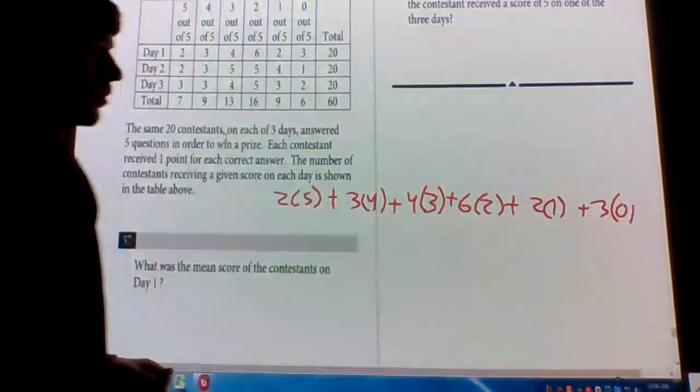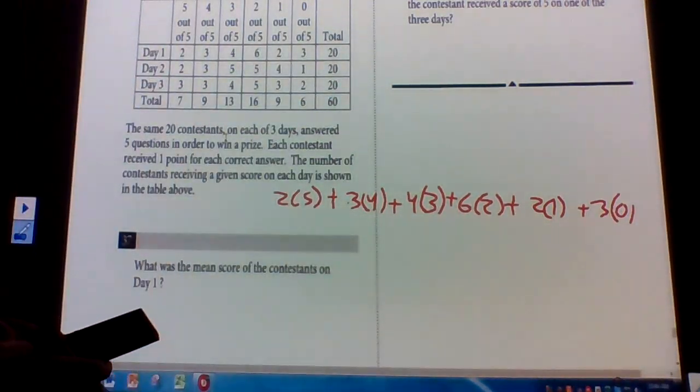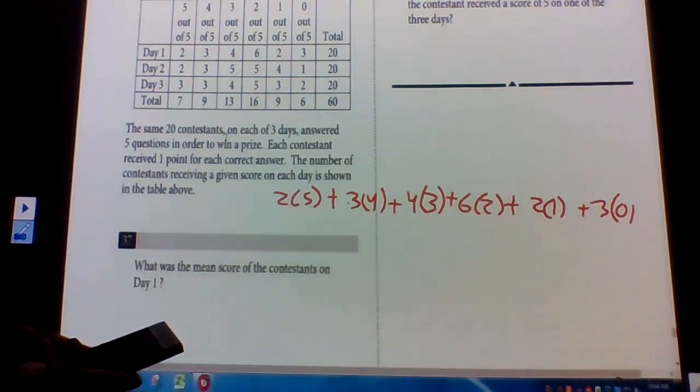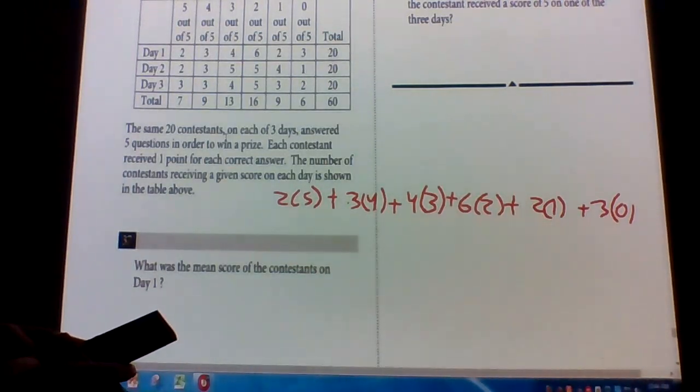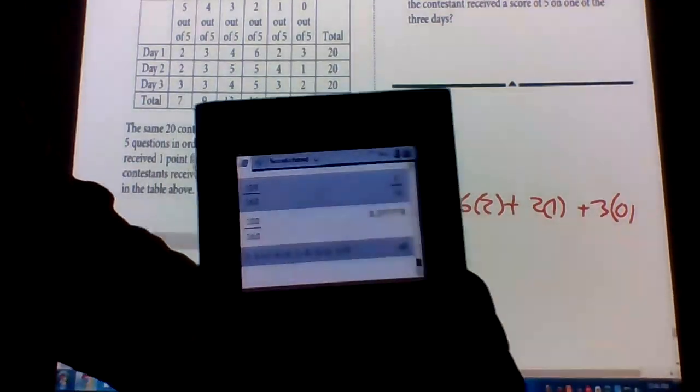So if we add up the total number of points everyone got, we have 2 times 5 plus 3 times 4 plus 4 times 3 plus 6 times 2 plus 2 times 1 plus 0 times 3. You get 48 total points.